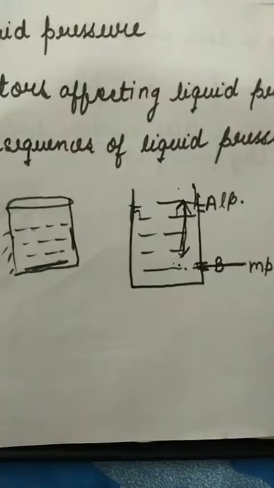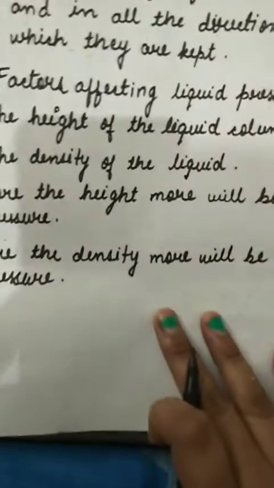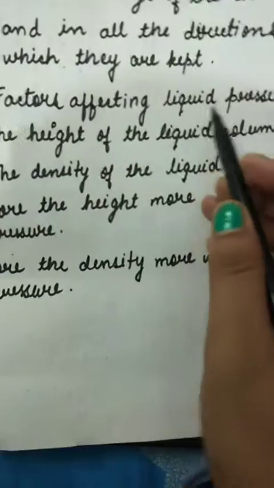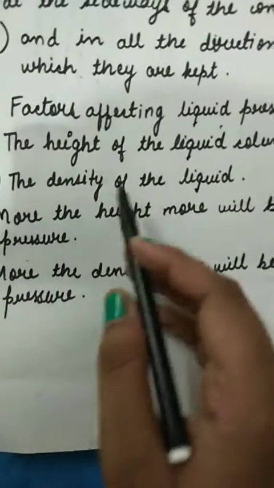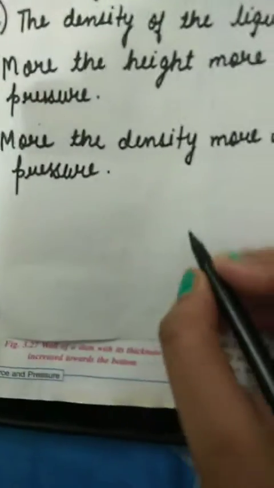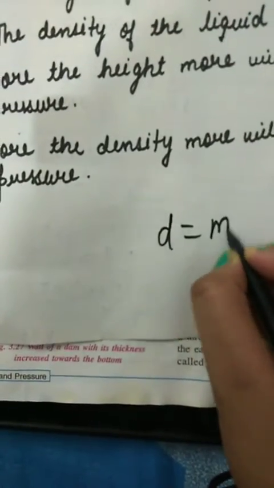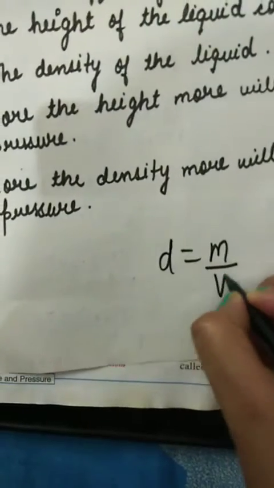Our next part says that another factor which affects the liquid pressure is the density of the liquid. Density is called mass per unit volume.